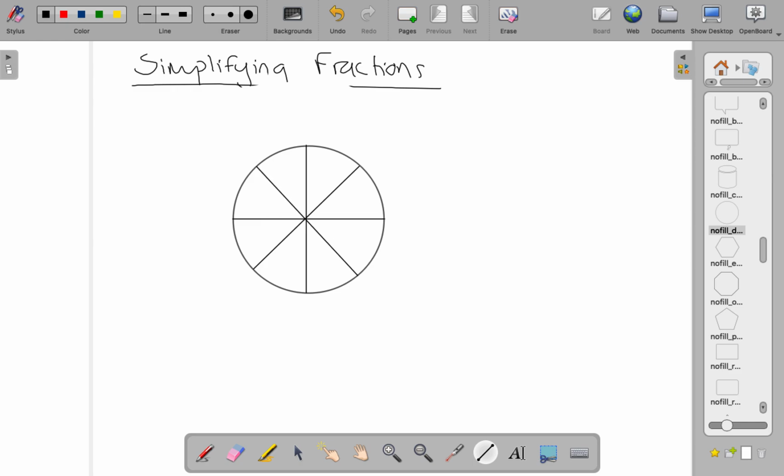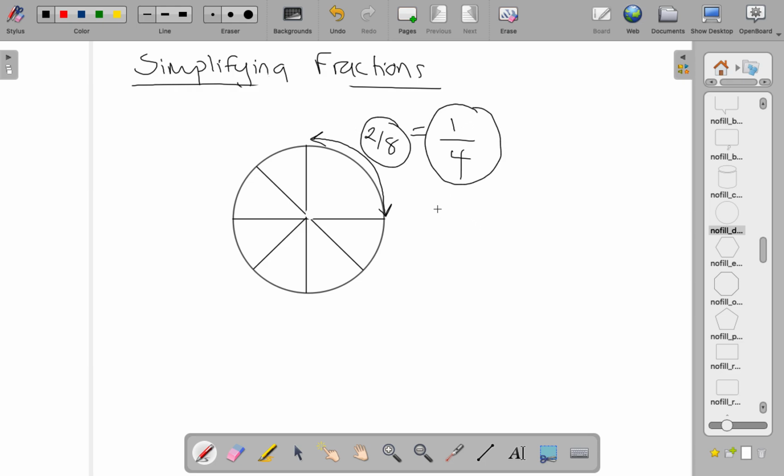If we have a fraction which is 2/8, so let's say this portion of the circle here, say this is a pizza or a cake or something, this fraction is 2/8, but we could also express it as a quarter, because this is the same size piece. It's just a quarter, so it's a simpler way of writing the same thing. So we want to make sure the numbers are as small as possible in simplifying fractions.